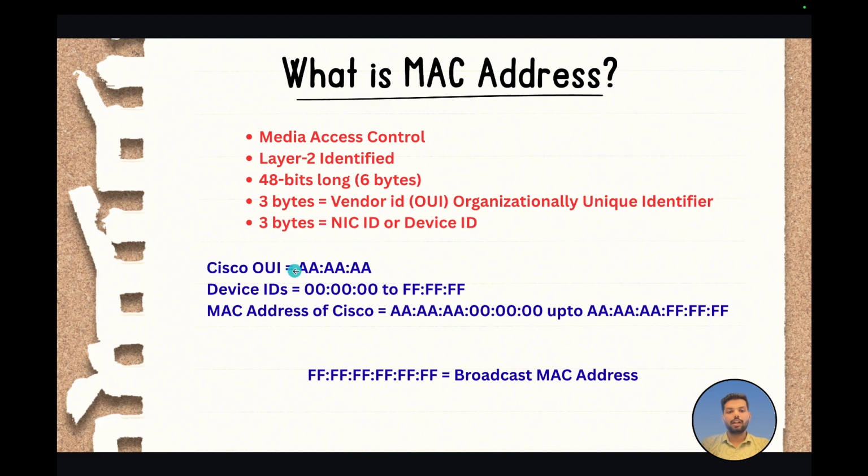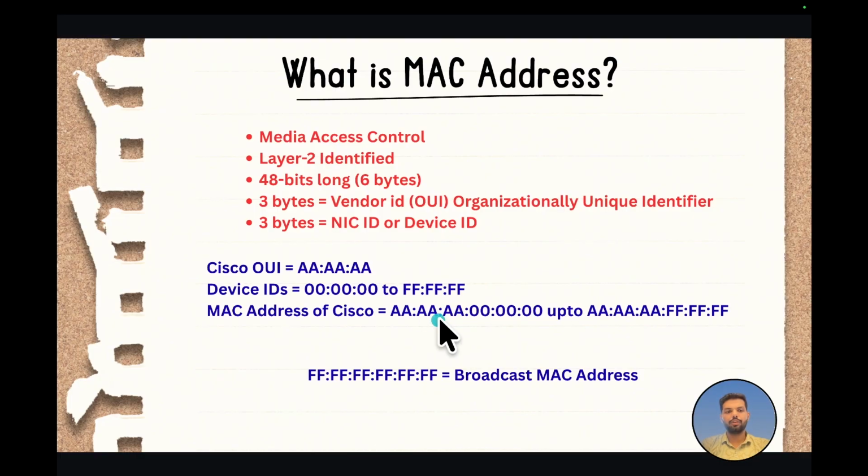Now combining with this, we might have the remaining part from 000000 to FFFFFF. So that's how, combining these two, the MAC addresses of Cisco-manufactured NICs will have addresses like all A's followed by all zeros, up to all A's followed by all F's.